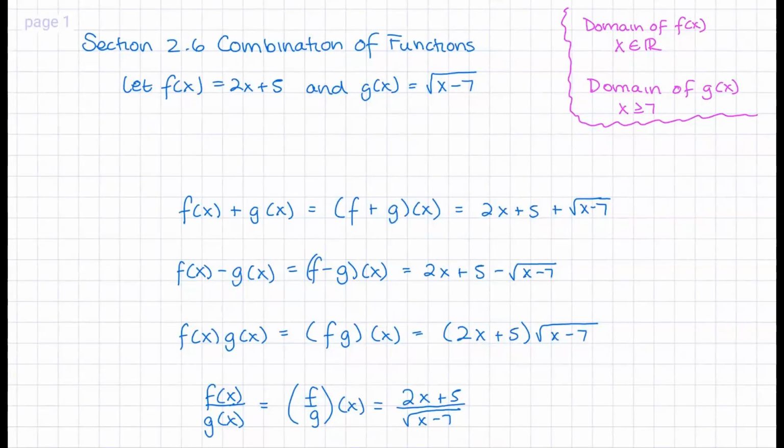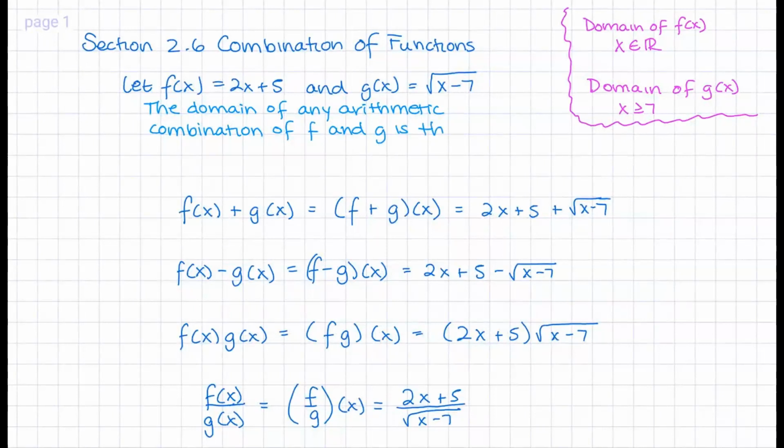And the only thing about arithmetic operations and domains is this. So the domain of any arithmetic combination of f and g is the domain of f and the domain of g.